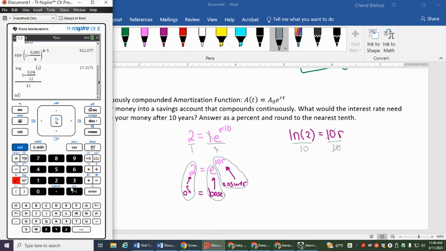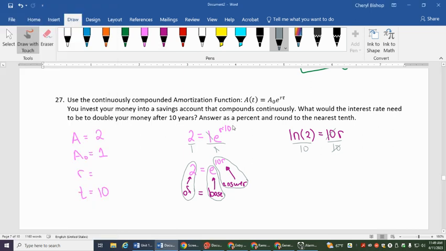So the natural log of 2 divided by 10, or log base E of 2 divided by 10. You can do it either way. The natural log of 2, close the parentheses, divided by 10 gives me 0.069315.